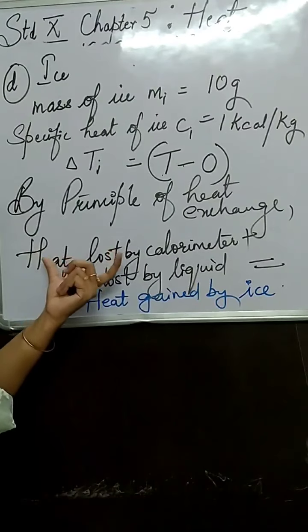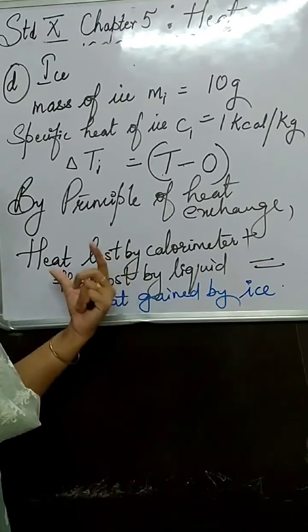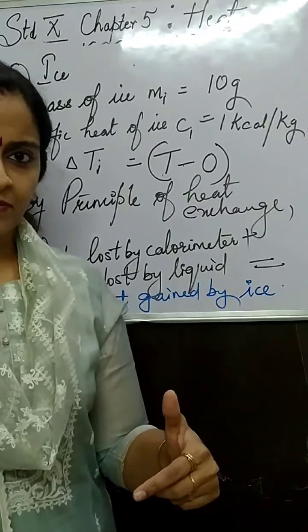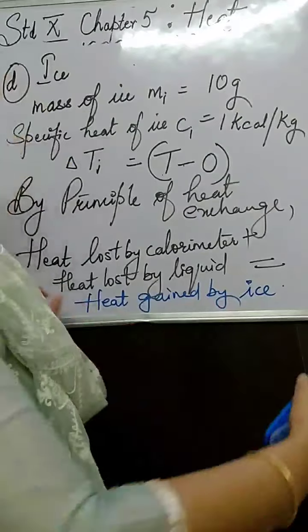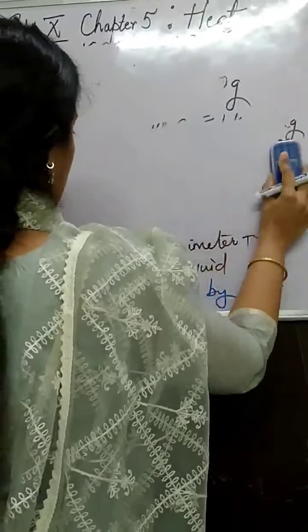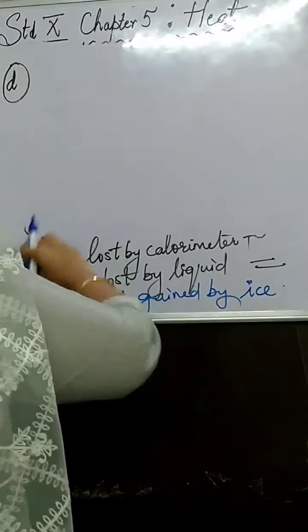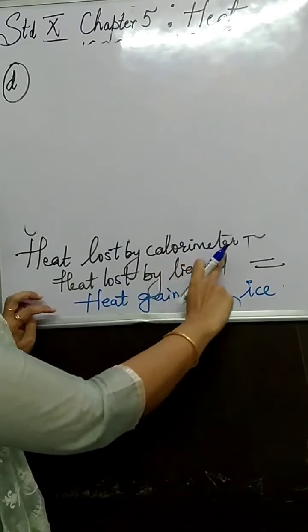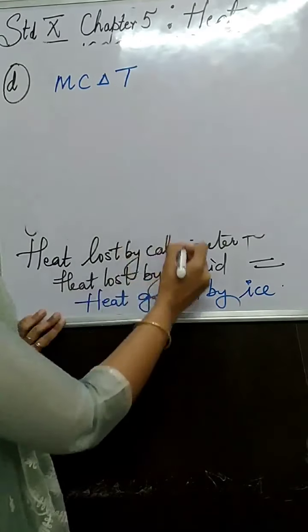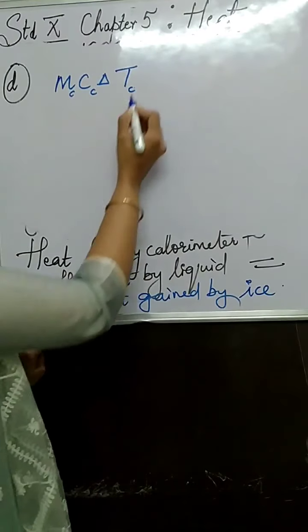Write down for calorimeter MC delta T plus MC delta T for liquid. And then change the suffix. So for calorimeter I'll write MC delta T. For calorimeter everywhere put C. C for calorimeter.